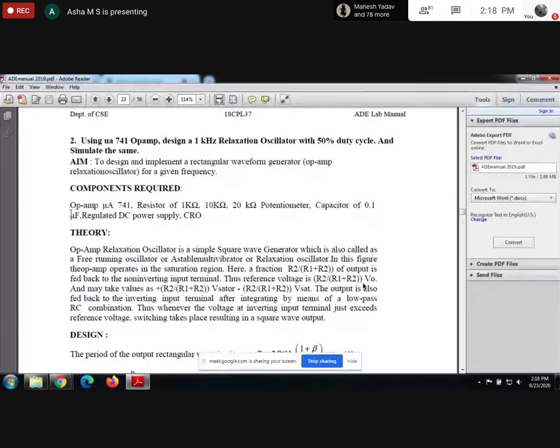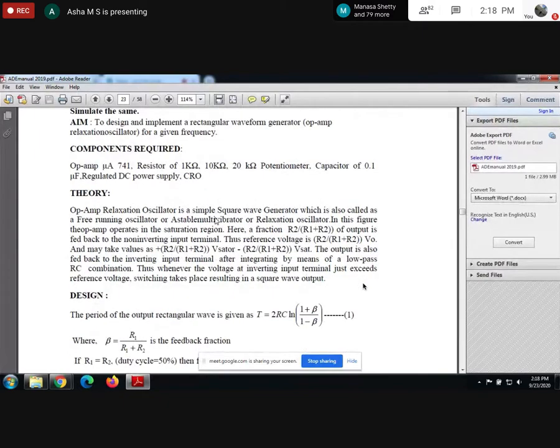So these are the components required for the hardware experiment to rig up the hardware circuit to generate the square wave. We are going to use these components. This, however, we will study once it comes to the offline lab.